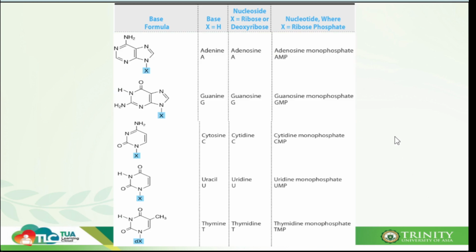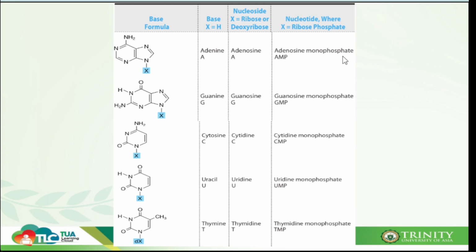So here is the nomenclature that I was talking about. When you have your base pairs, we simply call them adenine, guanine, cytosine, uracil, and thymine. But once you add a sugar to it, it changes its name to adenosine, guanosine, cytidine, uridine, and thymidine. If you add one phosphate to it, it will now be called adenosine monophosphate.